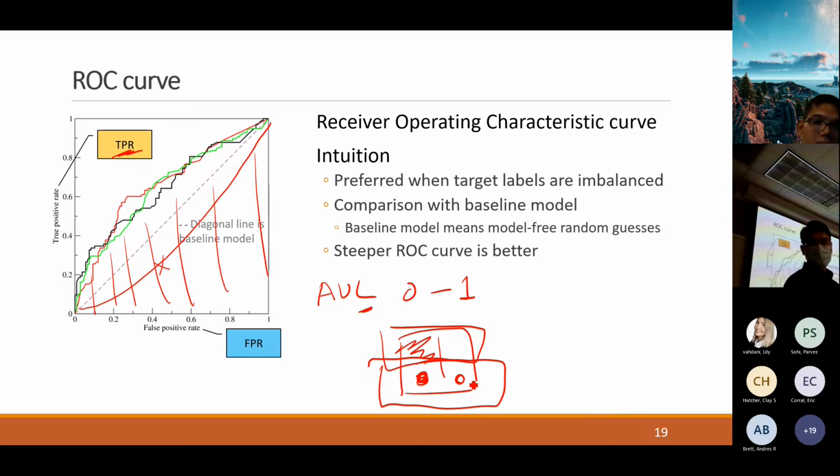What is the true negative rate? Specificity, yeah. So the x-axis is 1 minus specificity. That's an easier way to remember. Or maybe if you prefer, this is true positive, this is false positive. Also easy to remember.